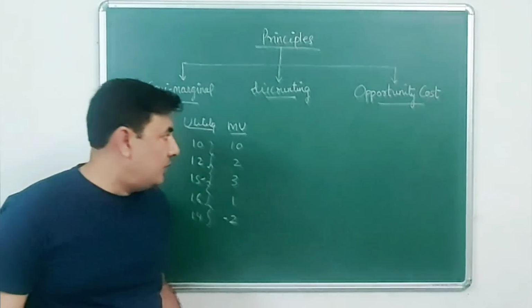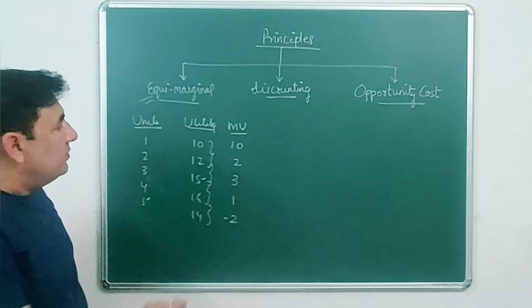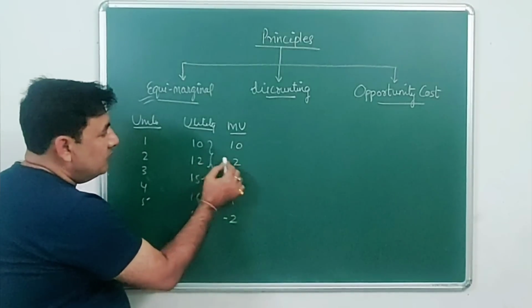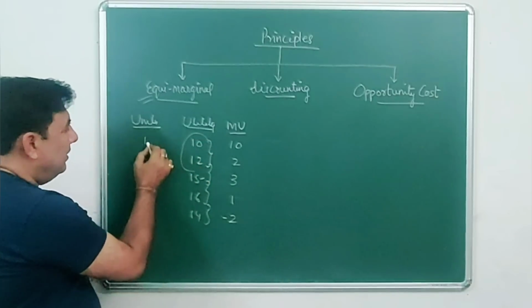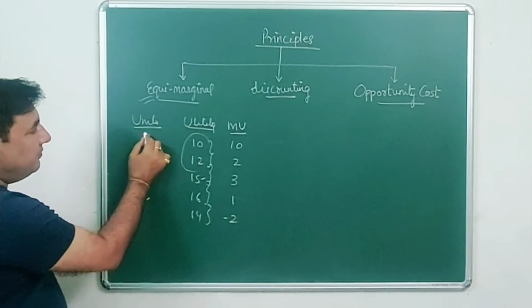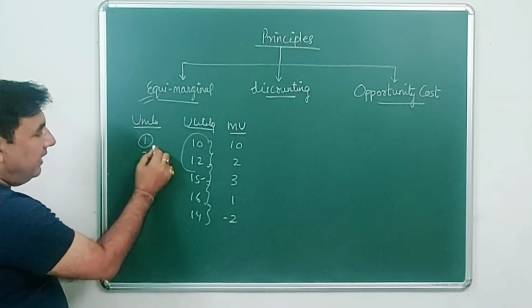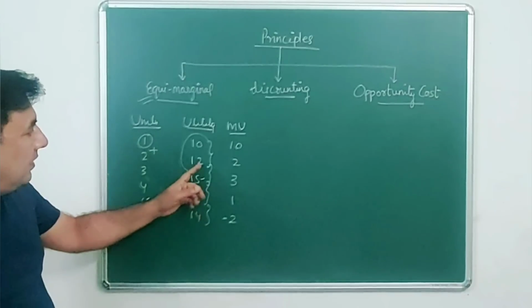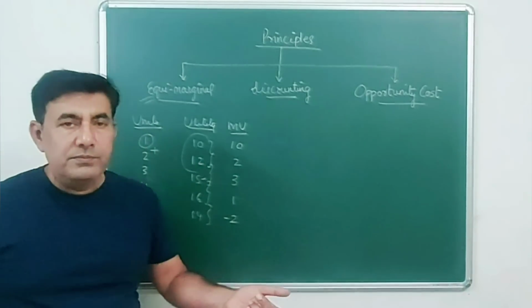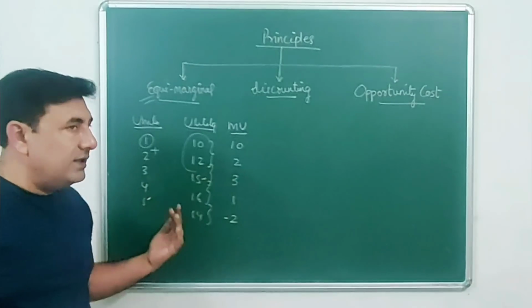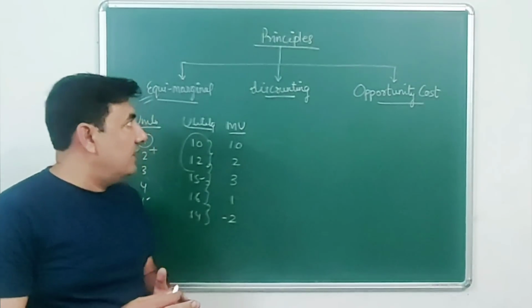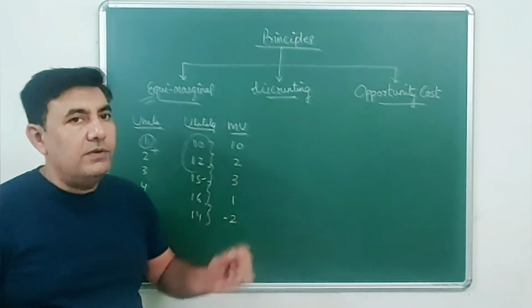So this is called marginal utility, what we get by consuming one additional unit. Here for example, we are consuming the first unit, and when we add one more unit to this, our utility changes to 12. So this is total utility. This is marginal utility. You can describe with all these flow charts when you are describing this equi-marginal utility.